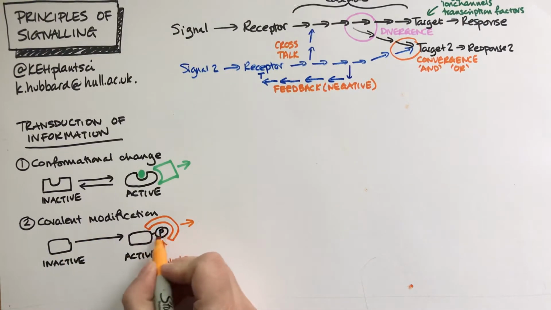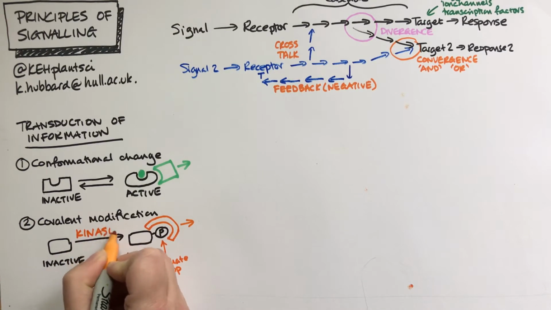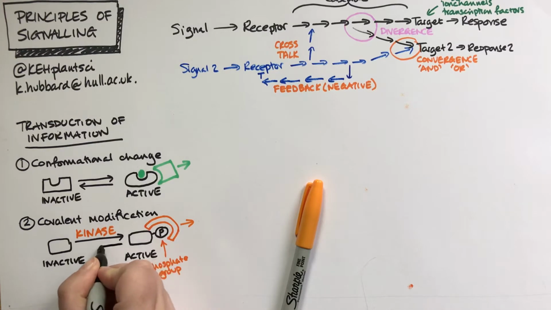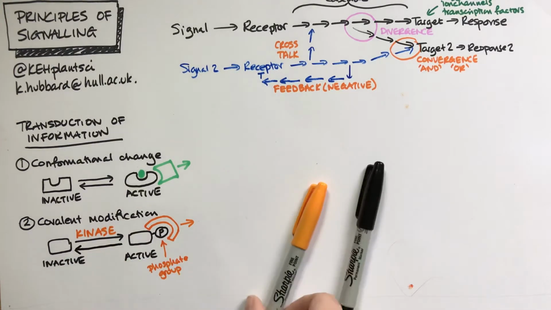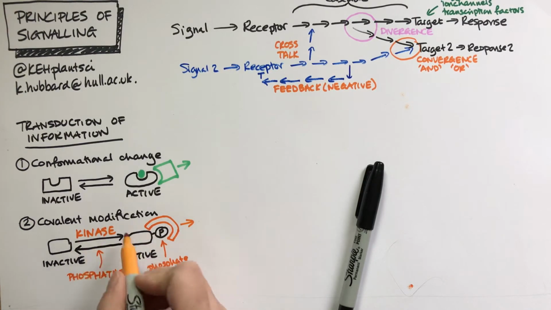Adding a phosphate group to another protein is done by a kinase. So kinases add phosphate groups to other proteins. And this is reversible, so we can go back. The enzyme that does that is a phosphatase. So kinases add phosphate groups, phosphatases remove them.